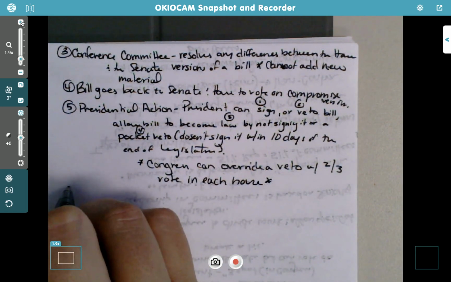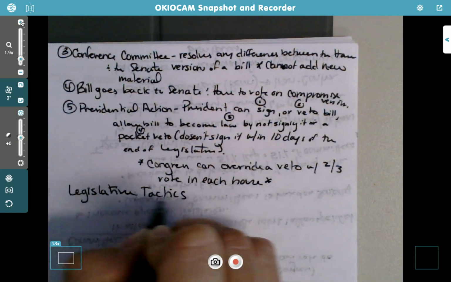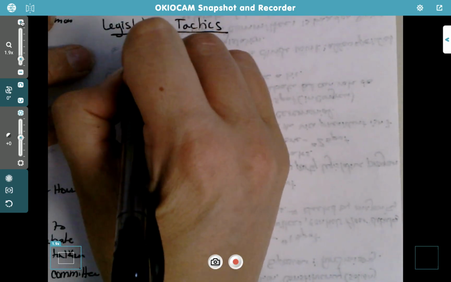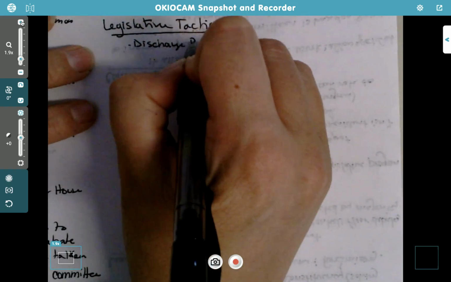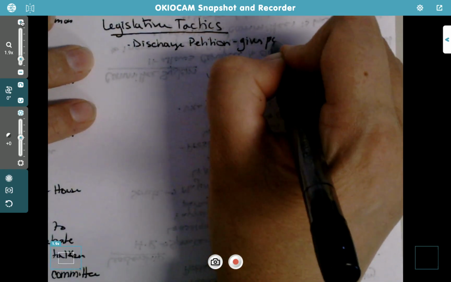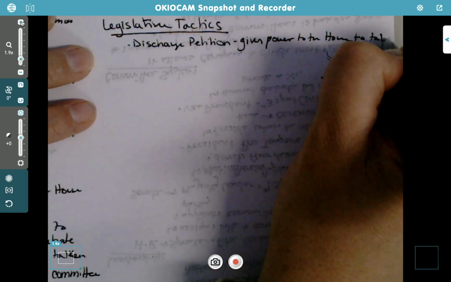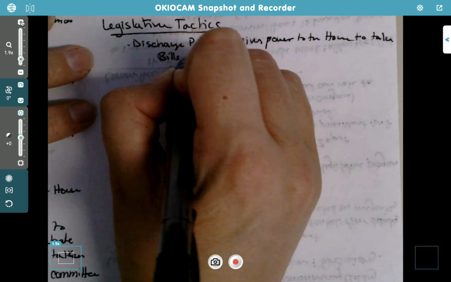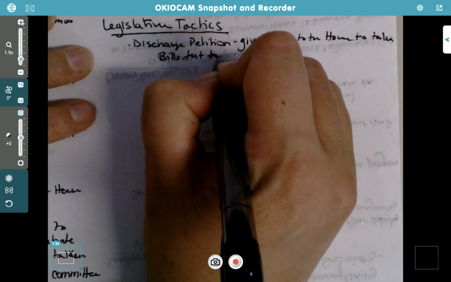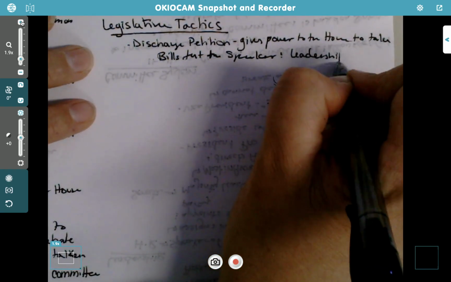All right, legislative tactics is your new heading. Discharge petition gives power to the House to take bills that the Speaker and leadership don't want to vote on.